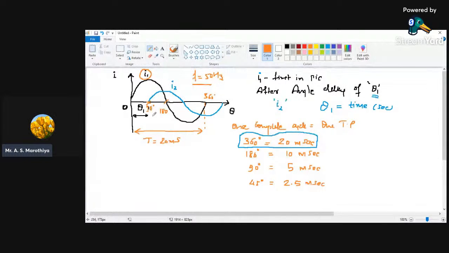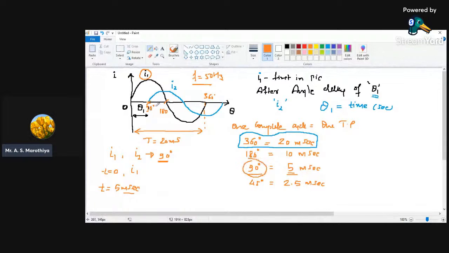That means with respect to I1, quantity I2 will start after 90 degree. And according to our conversion factor, 90 degree corresponds to 5 millisecond. That means at time t equals to 0 second, for example, we have alternating quantity I1, then after time of 5 millisecond. Why 5 millisecond? Because 5 millisecond corresponds to 90 degree.